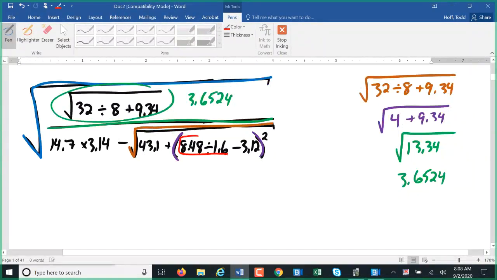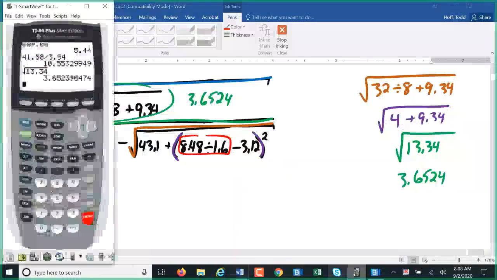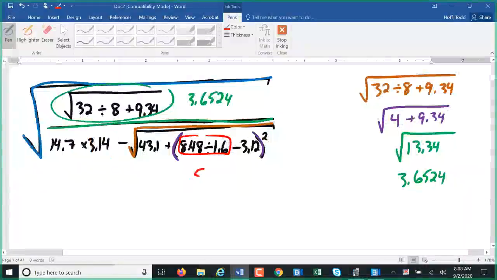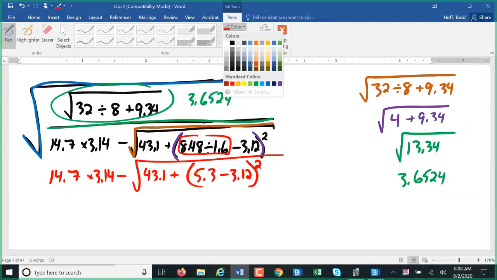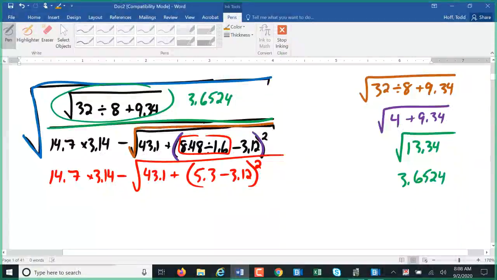In there, we got the division, 8.48 divided by 1.6 gives us 5.3. And then we have the 5.3 minus 3.12, which is 2.18.